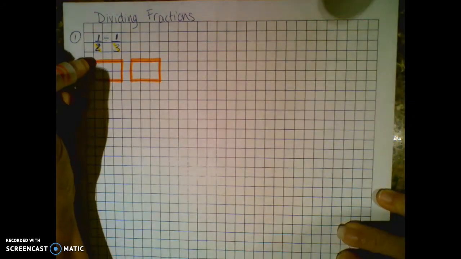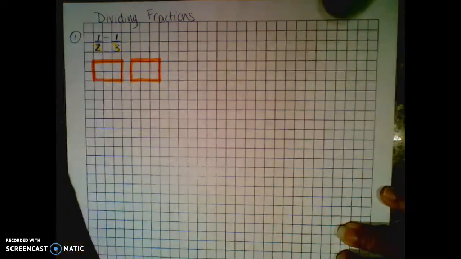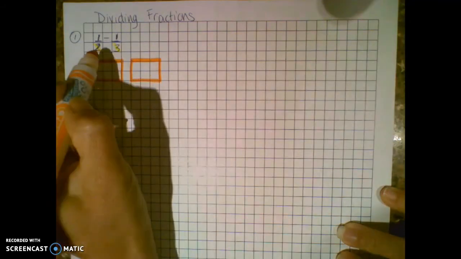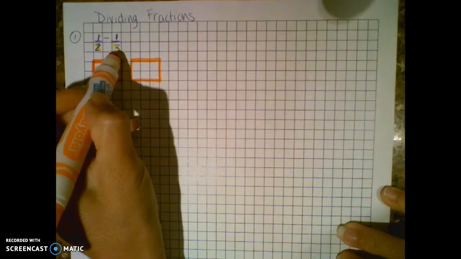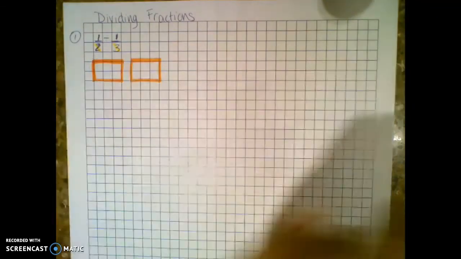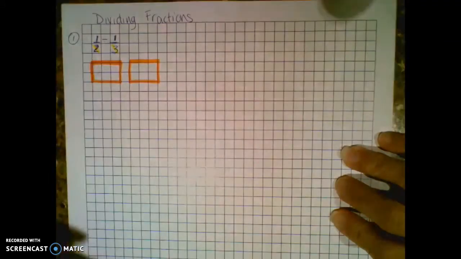The height of our rectangle is 2, because that is the whole that's being divided by the 1/3. And the width is 3 long, because for 1/3, I have 1 out of a total of 3. So 3 is telling us how many make the whole for this fraction.